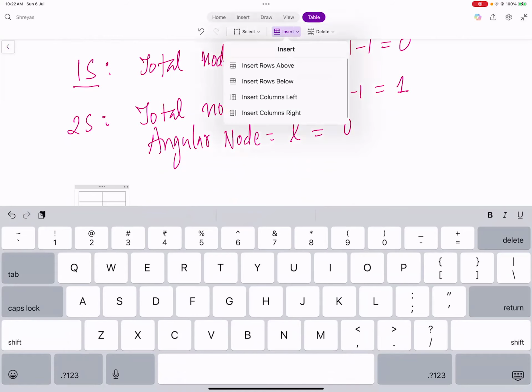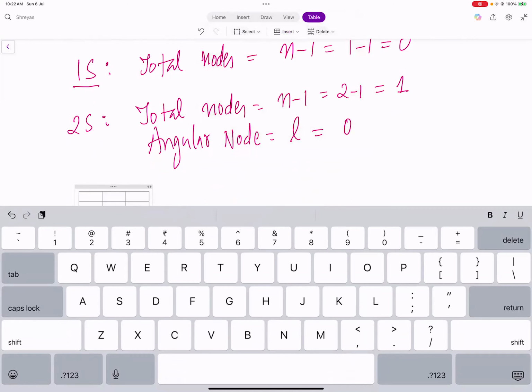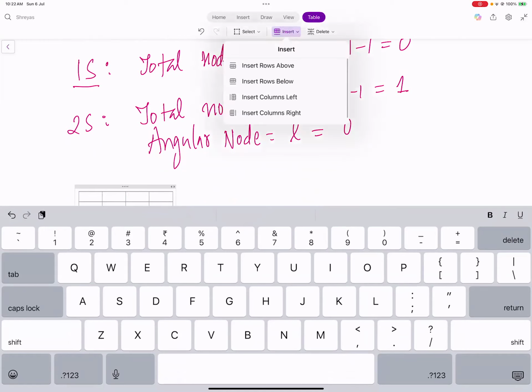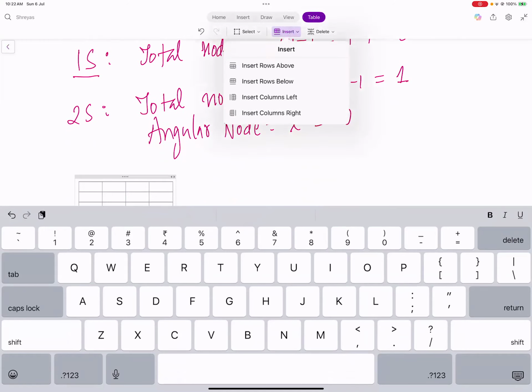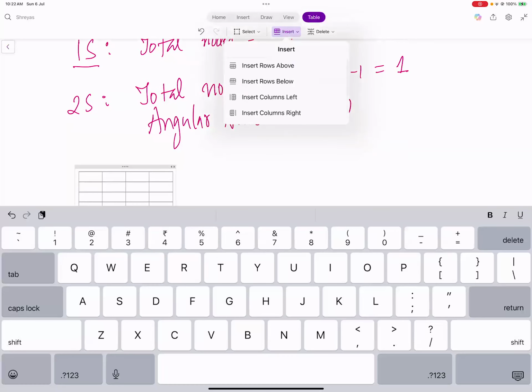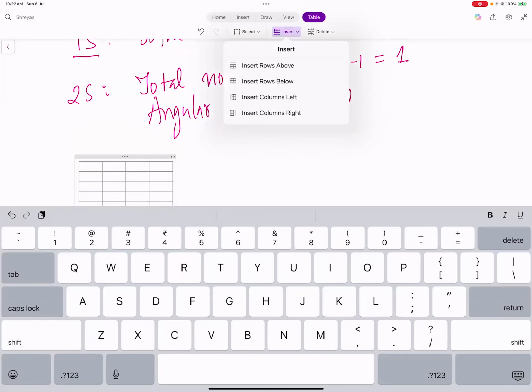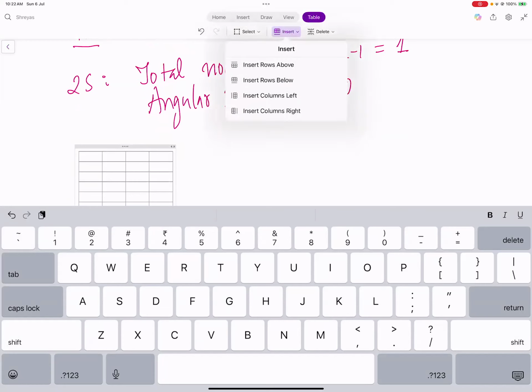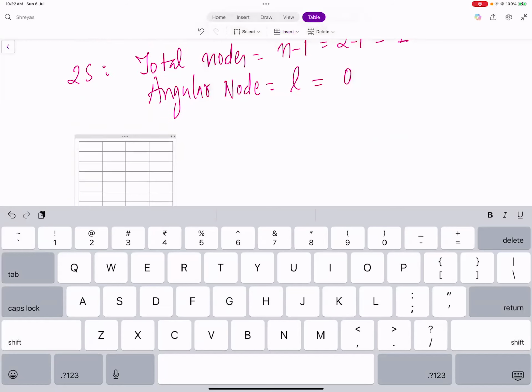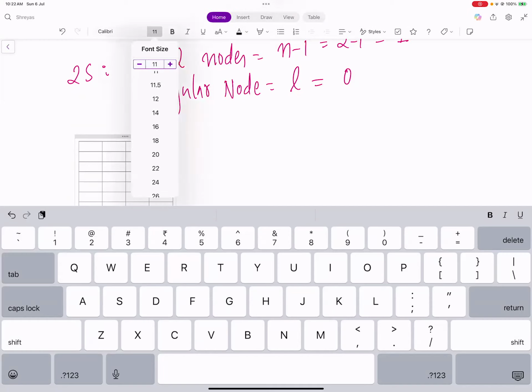Insert. First we do this, insert, right? Then below. Yeah, let's at least get 36. Okay.